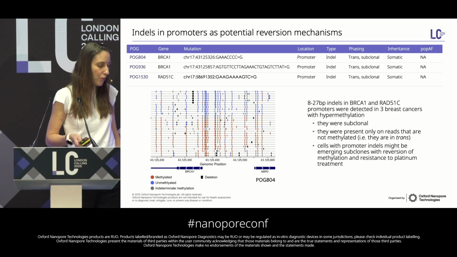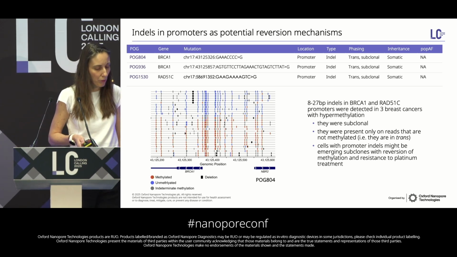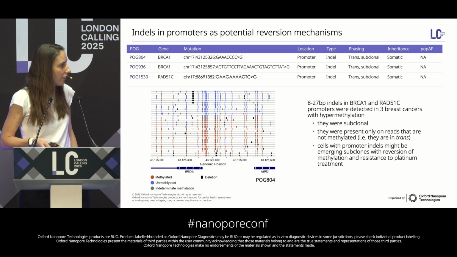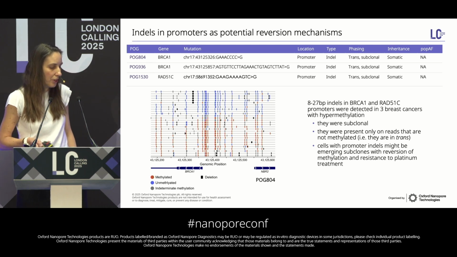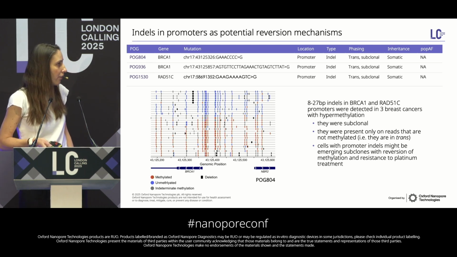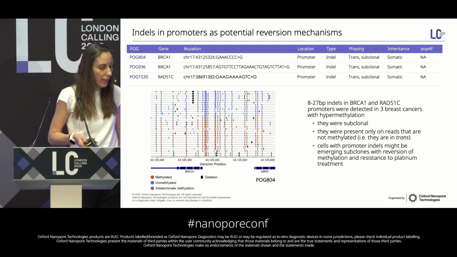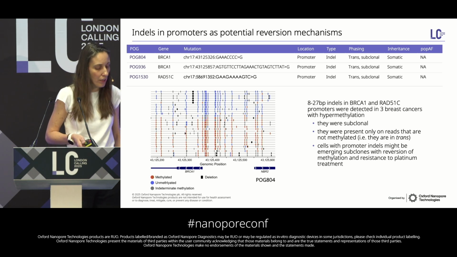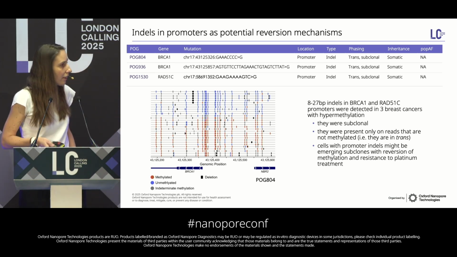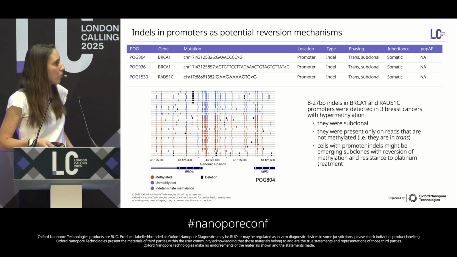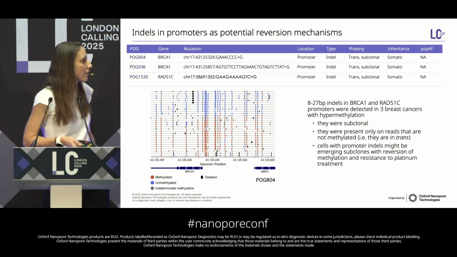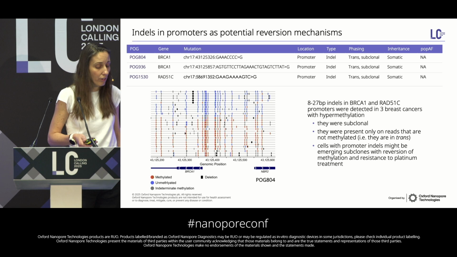The interesting thing that we also found in 3 breast samples which have a hypermethylated gene promoter is that there are indels in the promoter region, and we found two samples with indels in the BRCA1 promoter and 1 sample with the RAD51C promoter. And these indels are different in their lengths, but what is common is that they are all subclonal and in trans with the methylation.